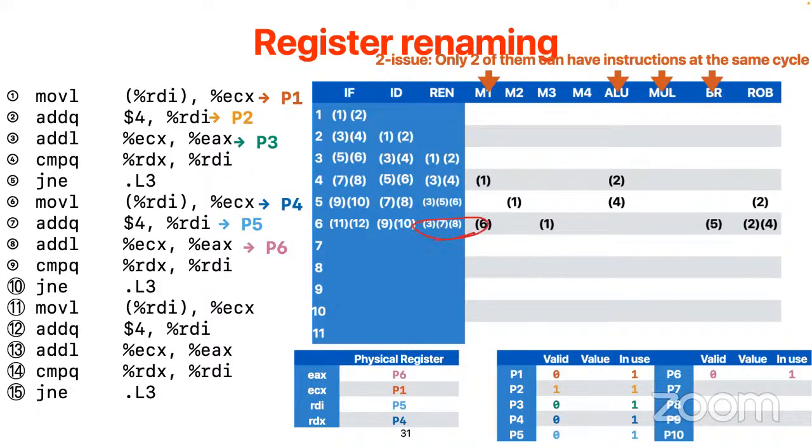Later on, next cycle, right now we have 3, 7, and 8 in a queue. Who can be executed at this time? Can we execute 7?